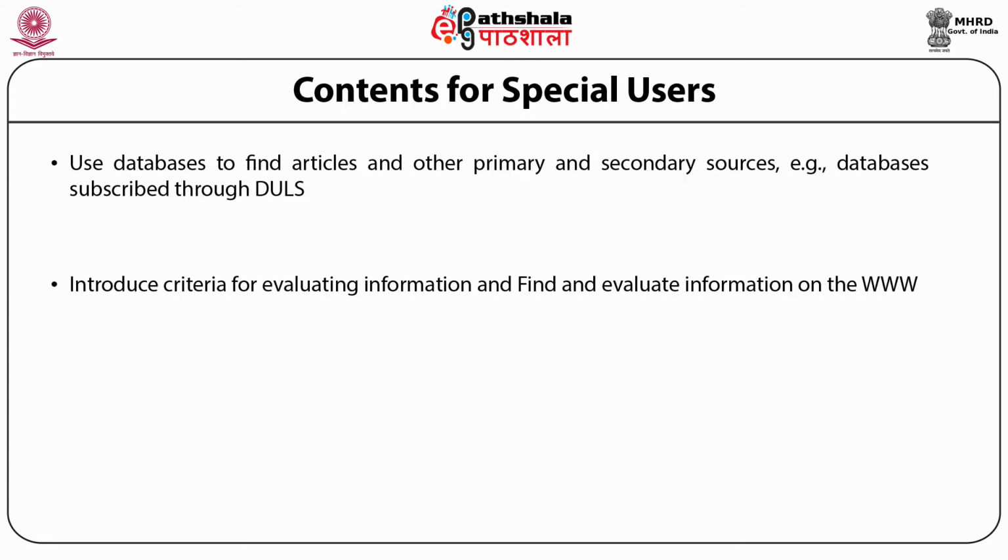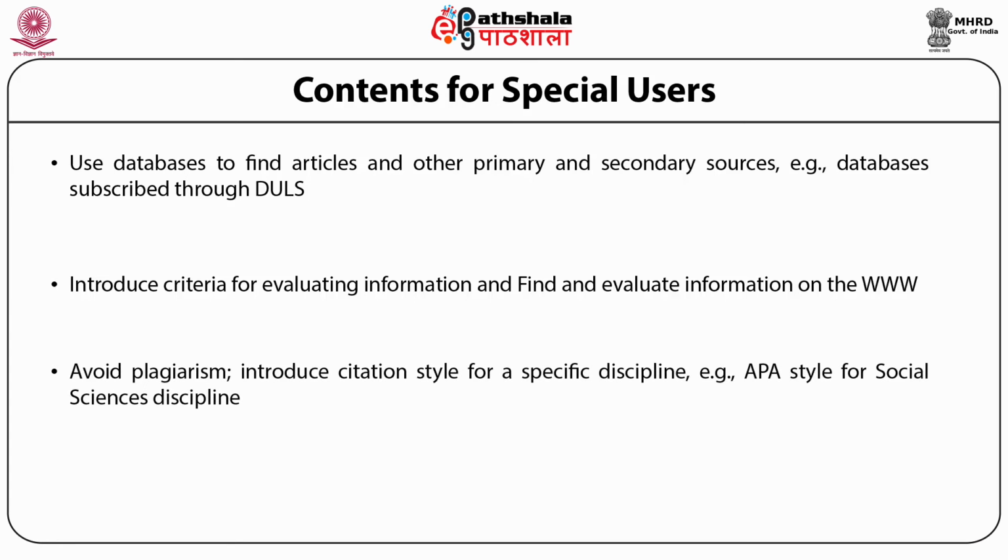Next, avoid plagiarism. Introduce citation style for a specific discipline, like APA style for the social science discipline. Chicago is very common in the sciences. Every system sometimes has a different style of citation, citing the references also.